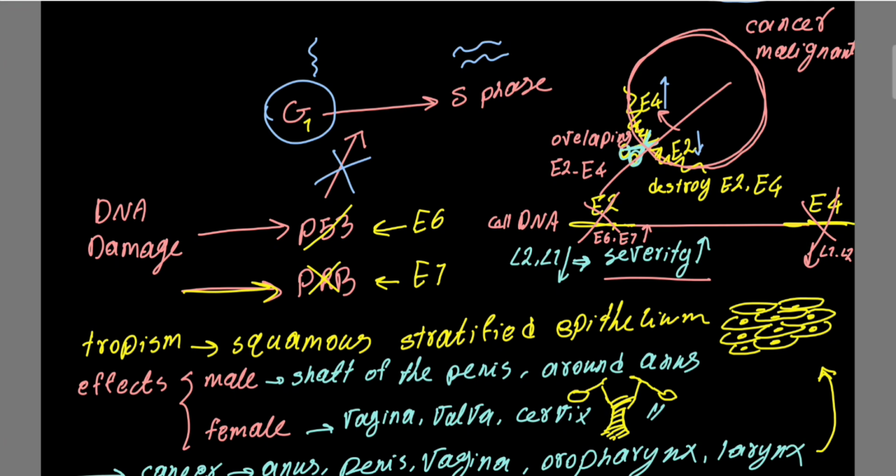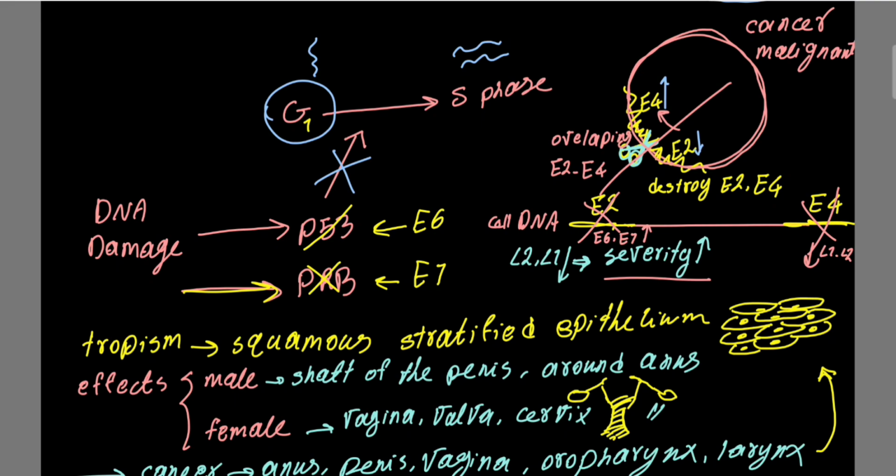And the point about the papillomavirus is that the fewer viral particles are made, the more severe it is. Like, as we say, the less L2 and L1 are produced, the more severe it is.